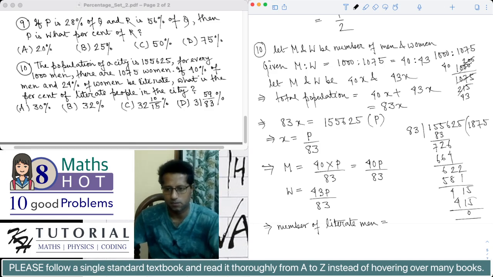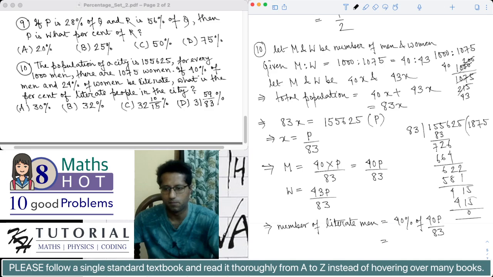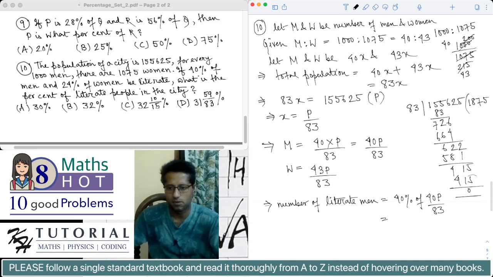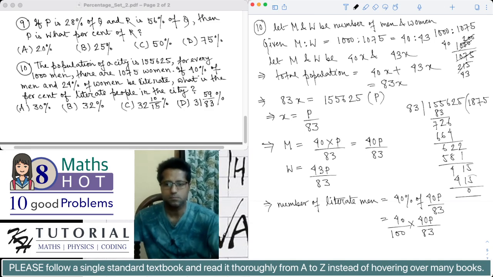The total number of men we have found to be 40p by 83. So this is equal to 40% of 40p by 83, which means 40 by 100 multiplied by 40p by 83. Okay.